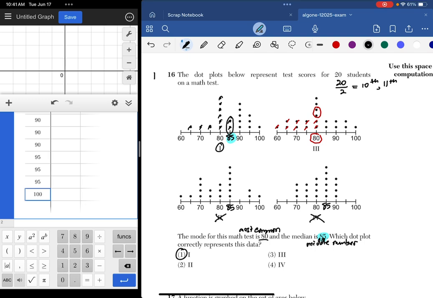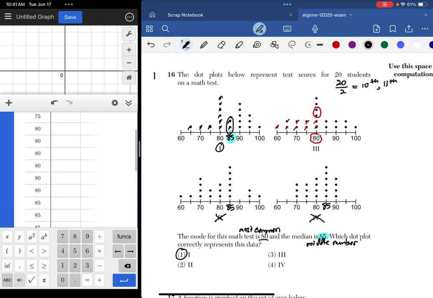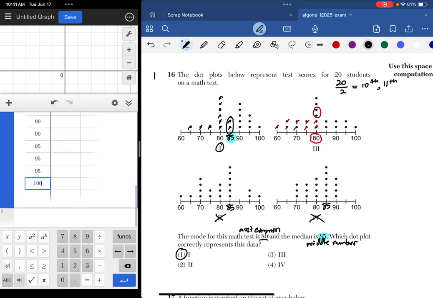All right, so I have my data in. Give it a quick double check. Now you can already see you probably don't want to have to do this 4 times.